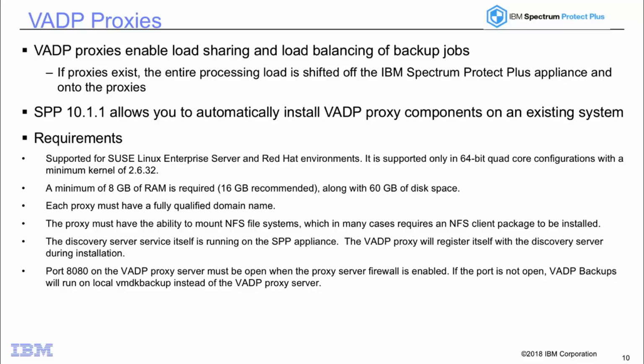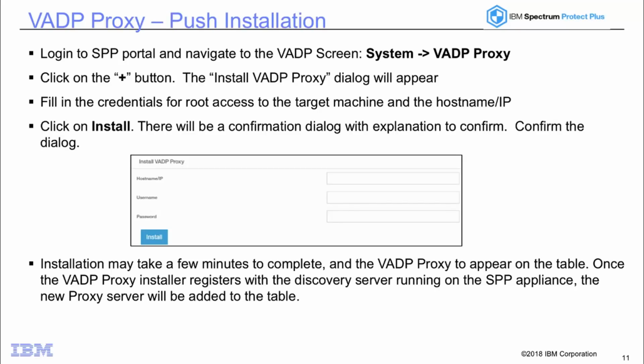I won't read them all to you, but basically you're going to stand up a SUSE Linux Enterprise server or a Red Hat server and give it the required RAM. And of course meet the other requirements for ports opened and things along those lines. And then you'll be able to do a push installation of the proxy software.